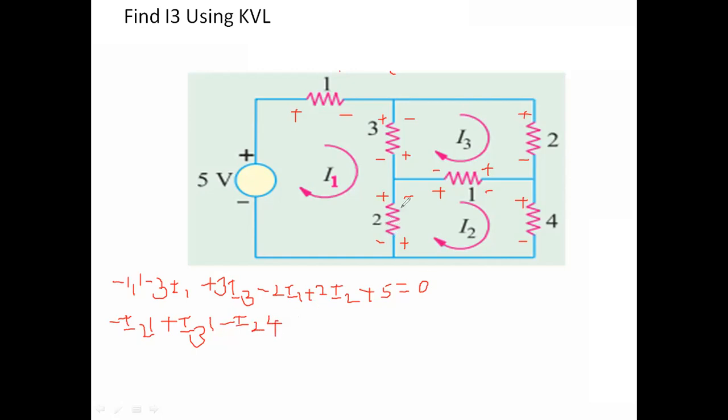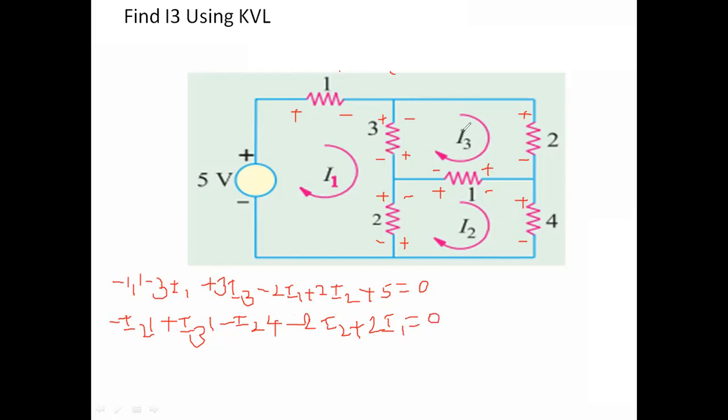Coming to here, minus 2I2, and at the same time plus 2I1, and that equals 0. There are no voltage sources.